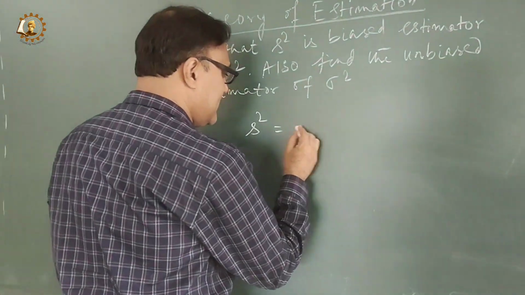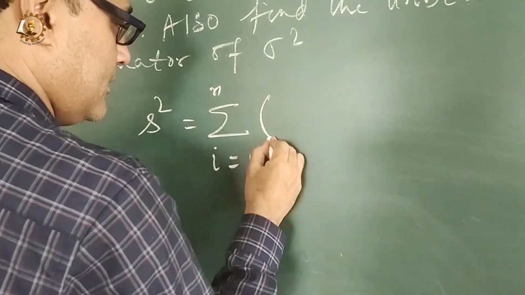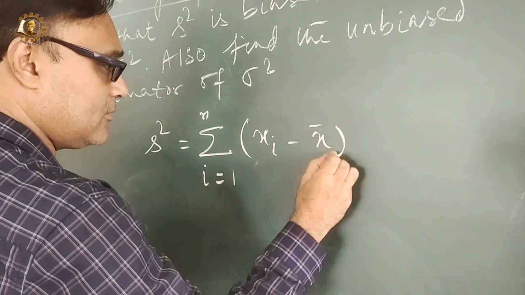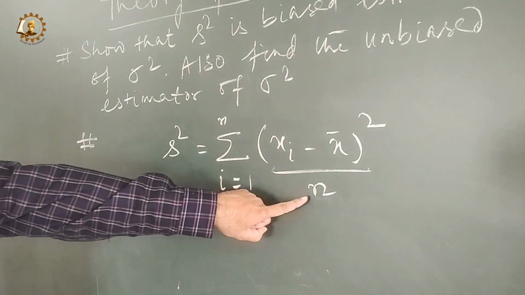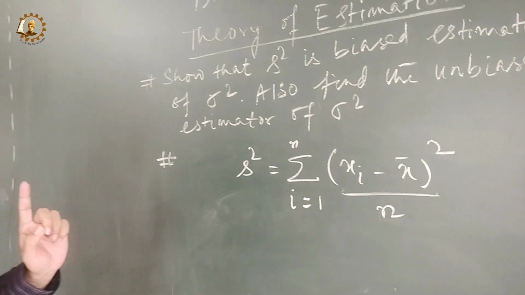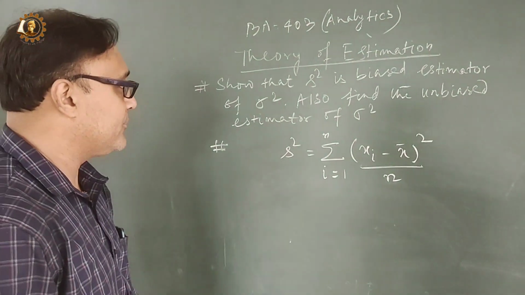So S square is defined as summation i equal to 1 to n of xi minus x bar whole square by n, where this n is the number of sample observations. This is my S square.